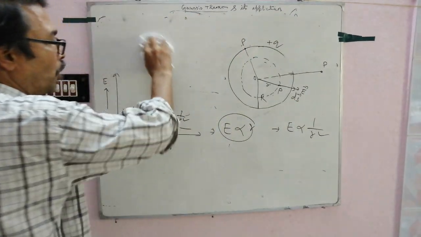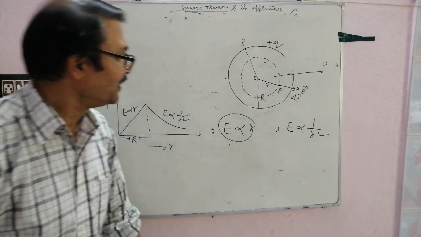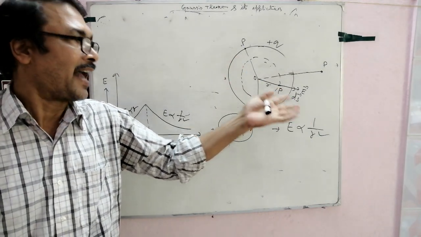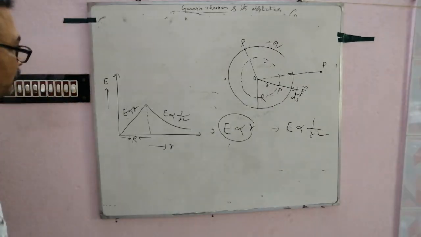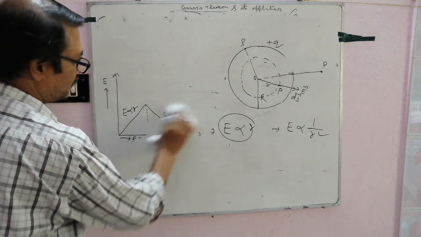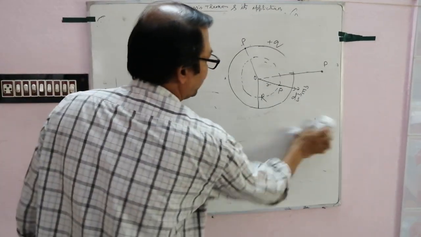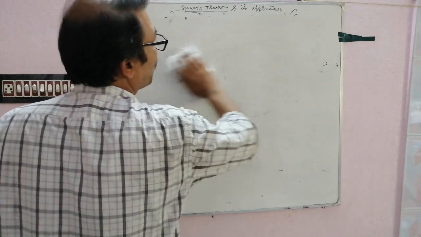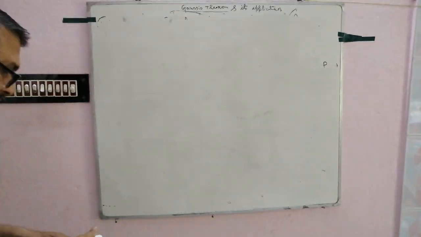Again I mention, for a conducting solid sphere, the total charge resides on the surface, so it just acts like a spherical shell. Next application: infinitely long plane thin sheet.